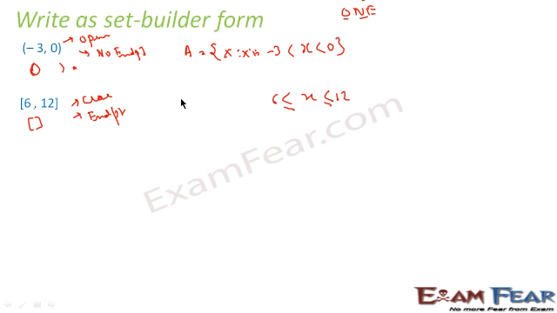So to convert this into set builder form, we'll write something like this. This is the answer. If you want to write the same thing in roster form, then you'll have to write something like this: 6, 7, 8, 9, 10, 11, 12. If x is an integer, but if x is not an integer, then there will be an infinite number of values. For example, 6.1, 6.2, 6.3, like that.